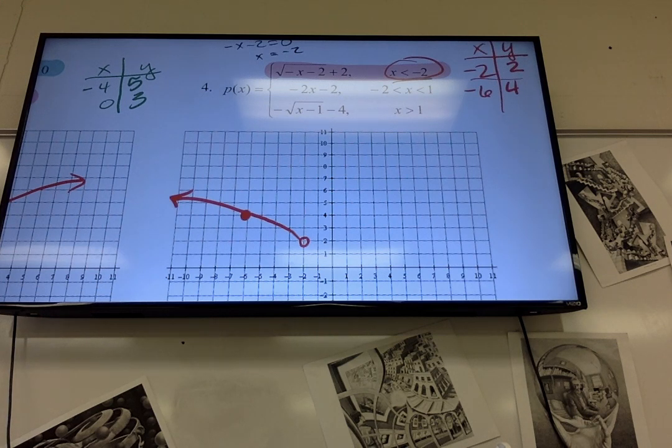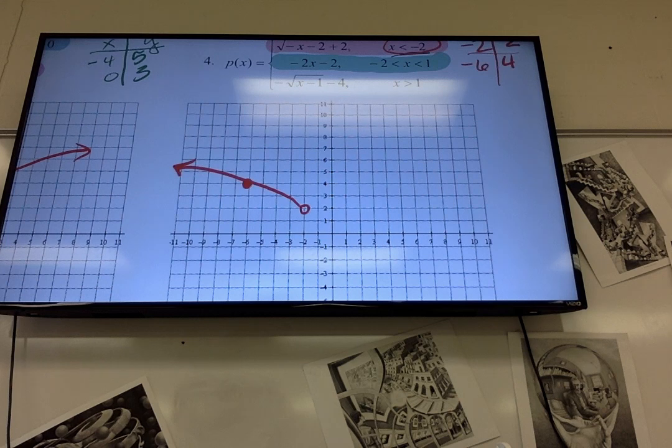All right, the next one is this one. This one is a straight line. Notice those are going to be open circles. So I'm just going to plug in -2 and 1 into my equation. -2 times -2 is 4, minus 2 is 2.